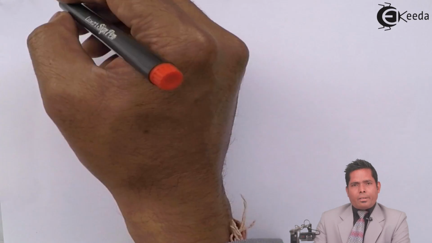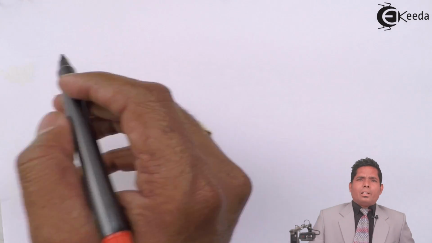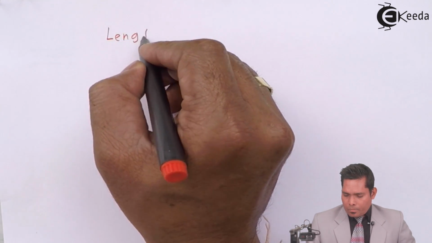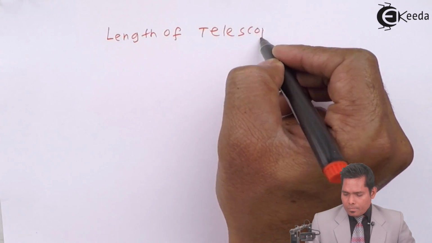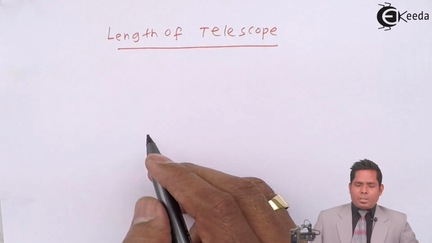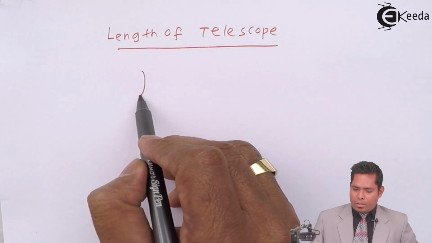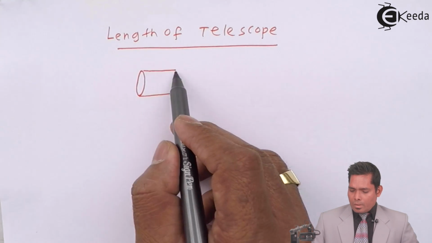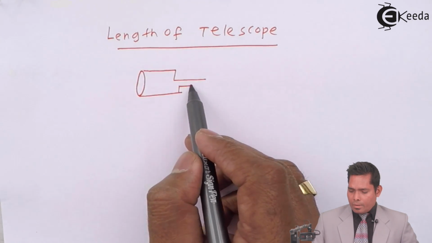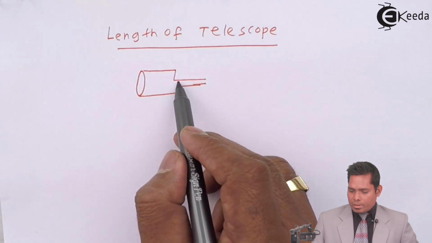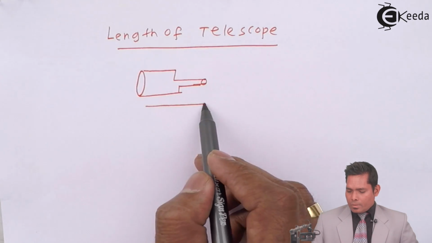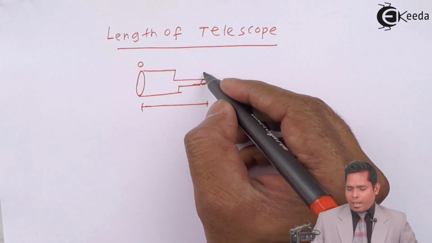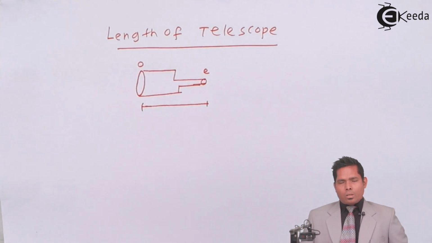Now what is the length of the telescope? The length of the telescope is the distance between this lens and this lens, that is, the distance between the objective lens and the eyepiece lens.